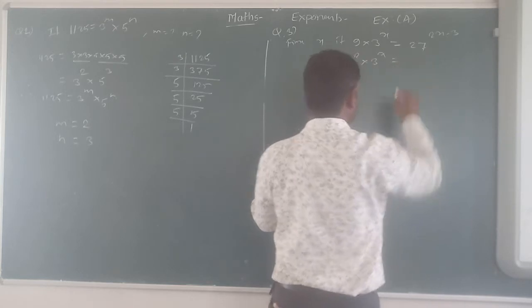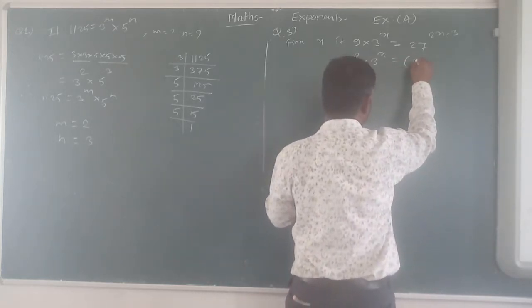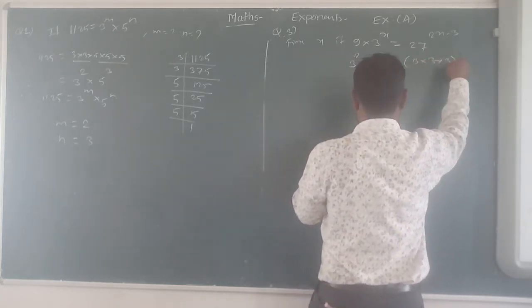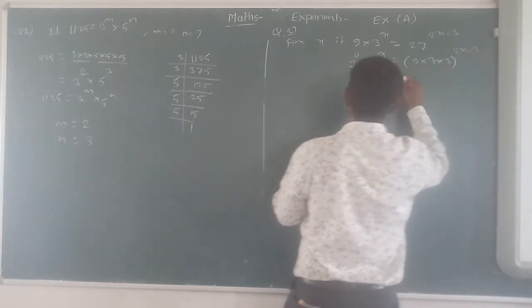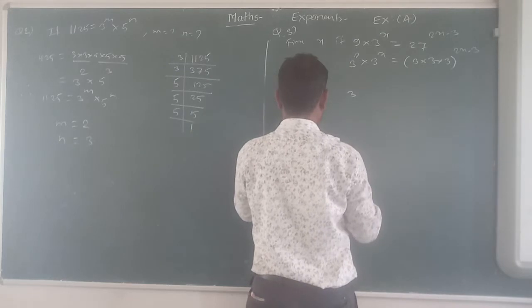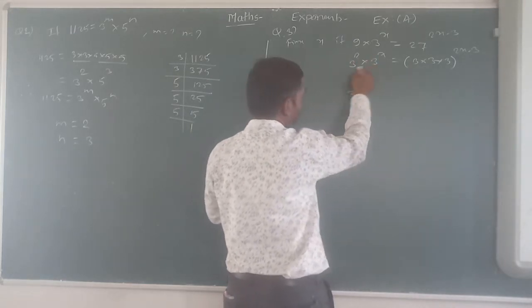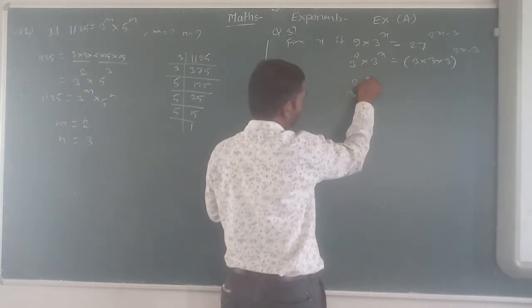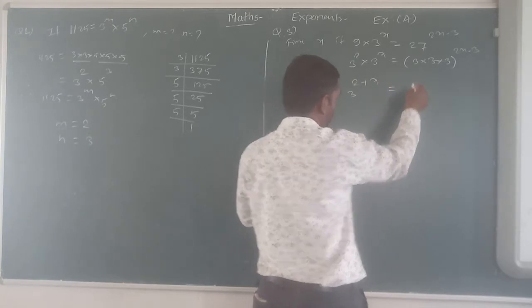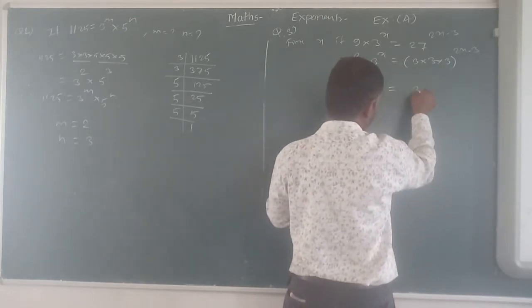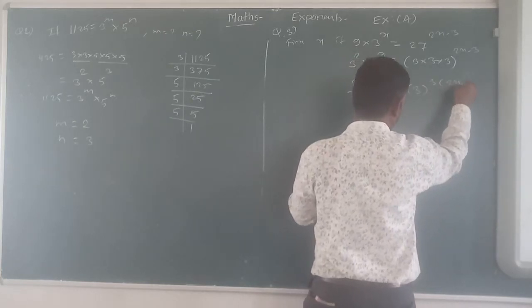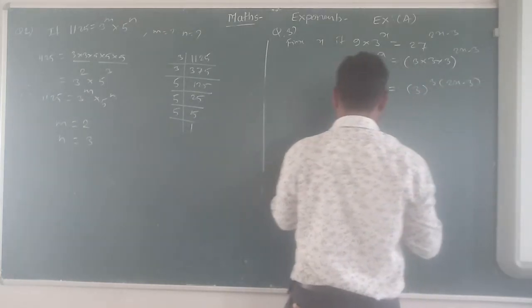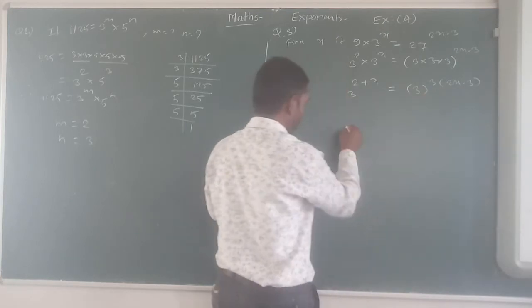What is meant by 27? 27 is 3 into 3 into 3, raised to 2x minus 3. Again we can write 3 raised to, base is the same, 3. So 2 plus x, equal to 3, base is the same. So 3 raised to 3 into 2x minus 3.